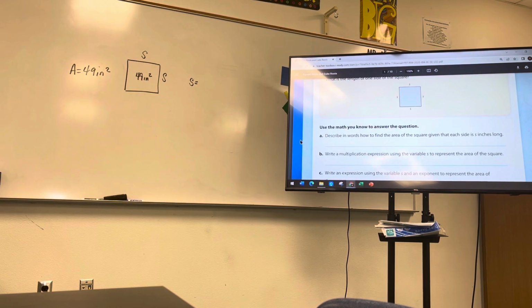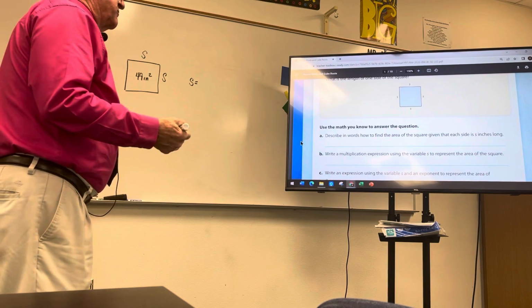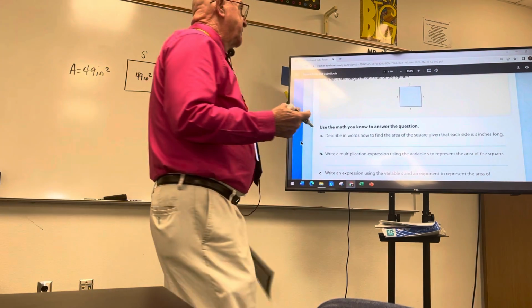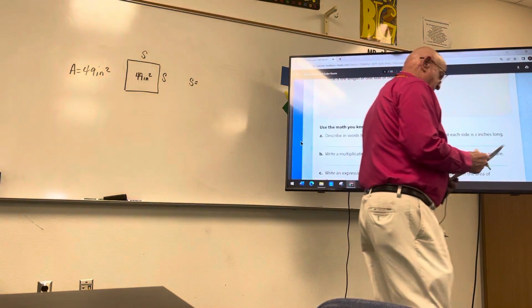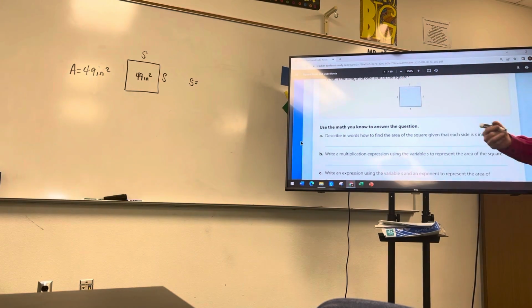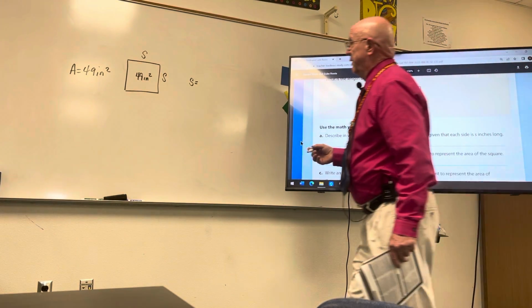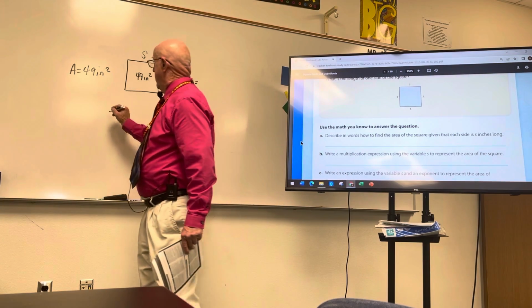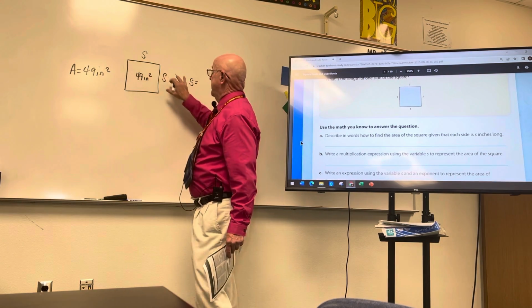Now we're going to answer some questions. Question A says describe in words how to find the area of a square given that each side is s inches long. Well, how do you find the area of the square? We're going to multiply s times s.